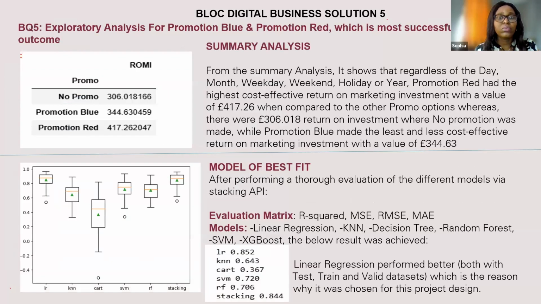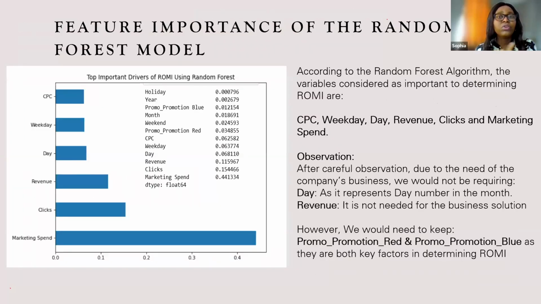Yes, we understood that linear regression actually outperformed, but the whole point of the question was that we need to get the feature importance of the random forest model.